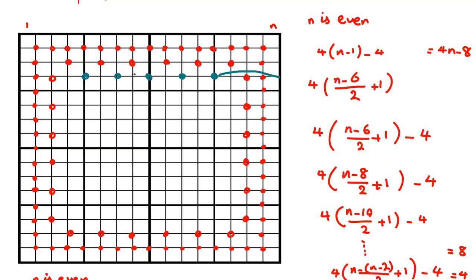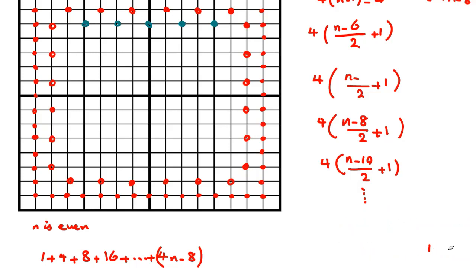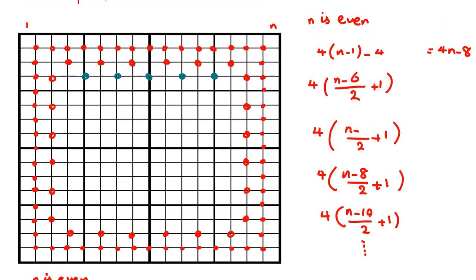Next one will be what? n minus 8, 4 times (n minus 8). So let's correct this formula. We should subtract all these 4s. We should erase all of them like this. And let's continue. Here, this one is 4n minus 8. This one is 4 divided by 2.